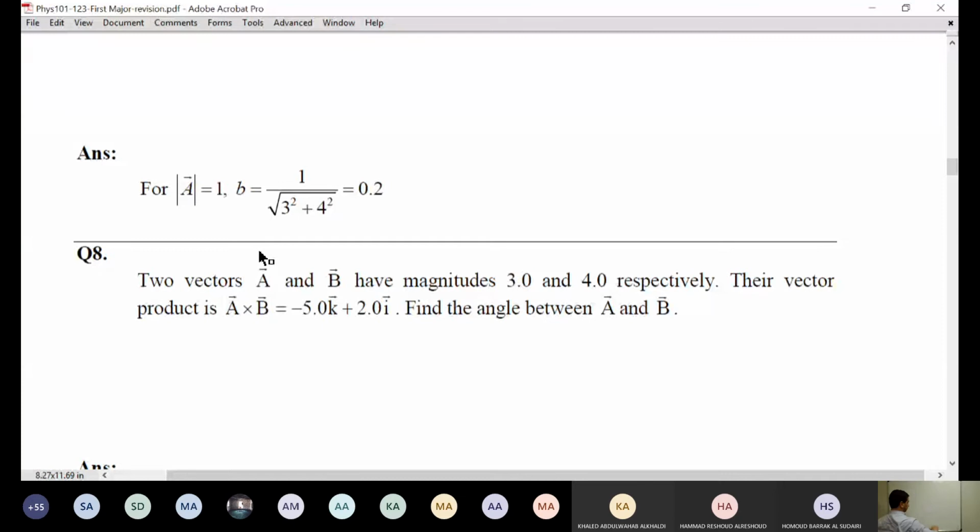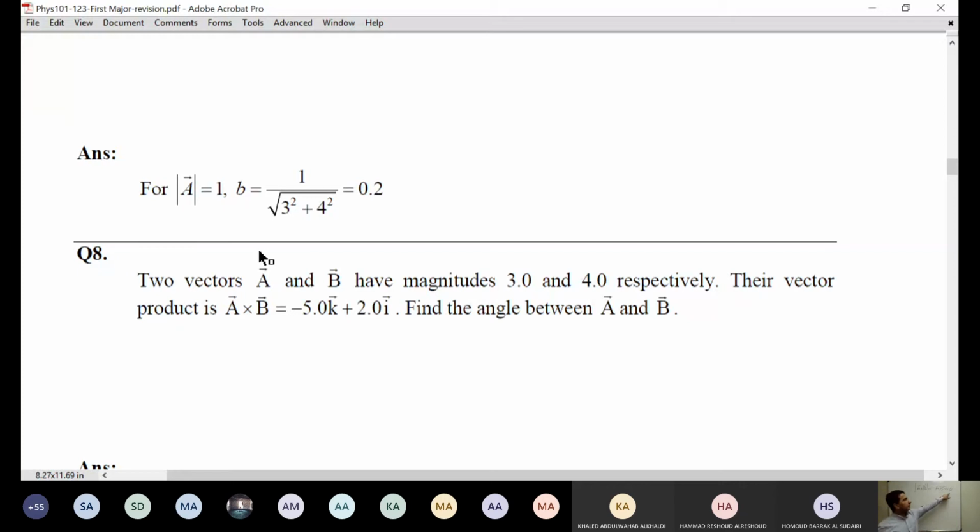So A cross B equals AB sine theta times a unit vector n. But since we are only interested in the magnitudes, we put a modulus here and remove this n, the vector quantity, altogether.